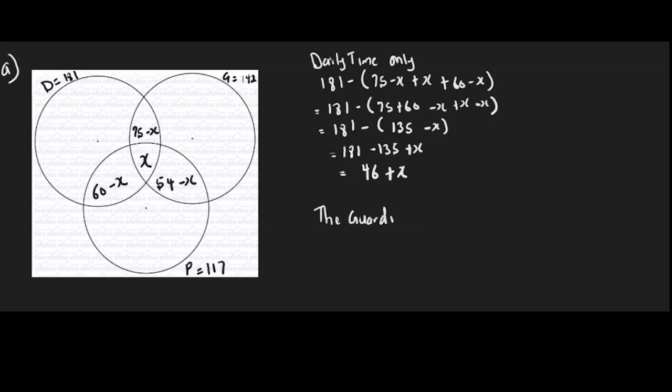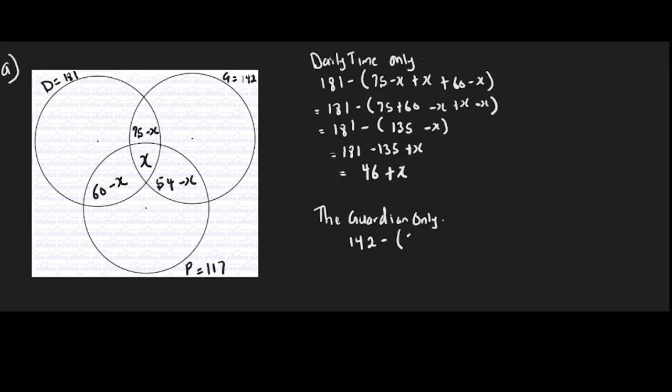To get the Guardian only, it is also going to be 142 minus, open bracket, we'll consider this circle here.